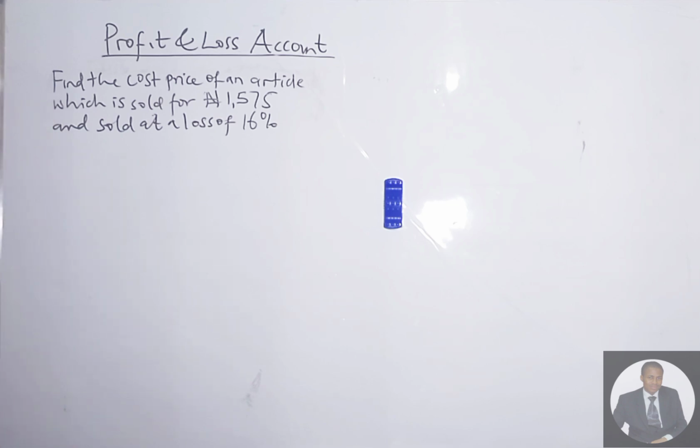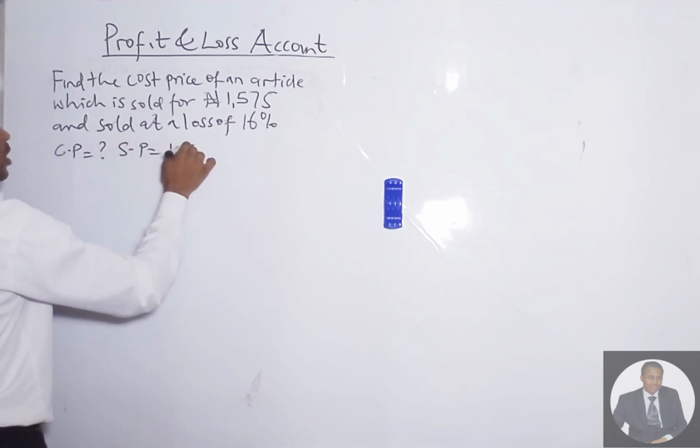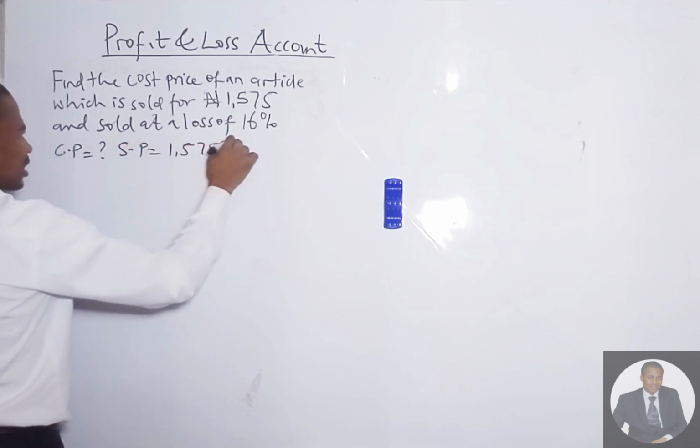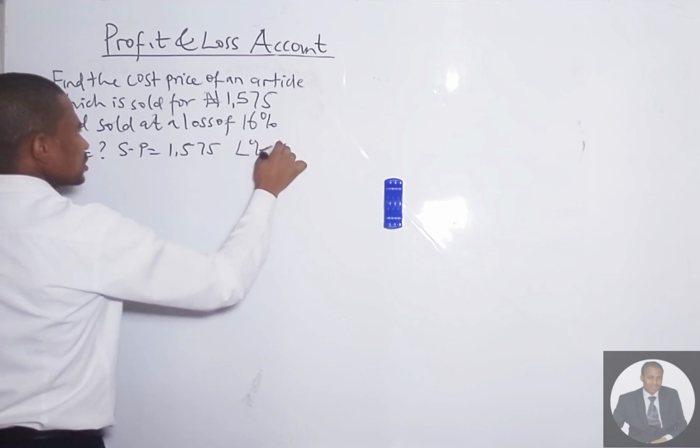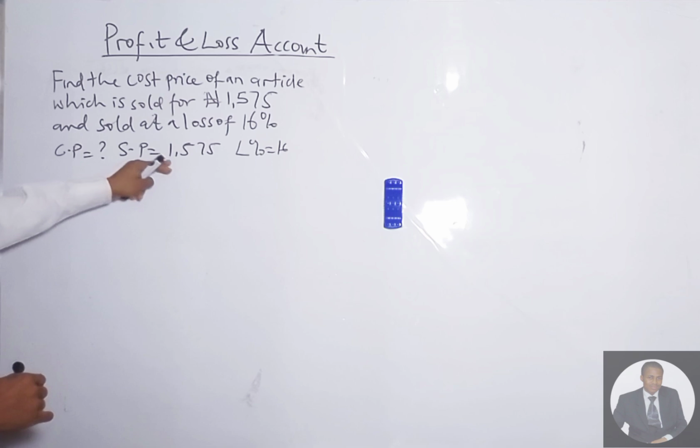So here the cost price is unknown, but we are given a selling price of 1,575 and then a loss percent of 16. It tells us that the cost price was more than what he sold. Maybe the article got spoiled or something.